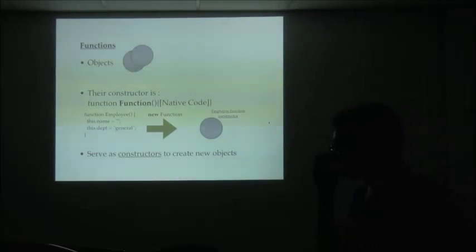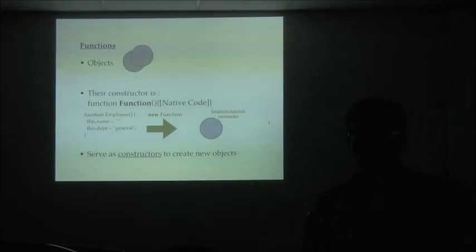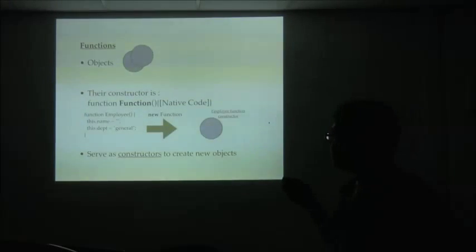Now that we covered the comparison between the two models, I'm going to talk a bit more about what functions are in this language. Functions are basically objects. Like I said before, when you write out a function, before your code even begins executing, those functions are converted to function objects, and sometimes they're called constructors. Now, if it's an object, it should have a constructor itself, right?